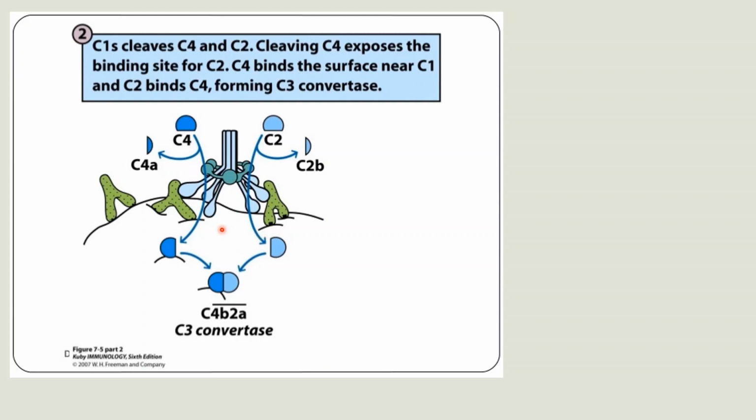C1s cleaves C4, and C4 becomes C4a and C4b. C4a is the smaller fragment and C4b is the larger fragment. This is the C4a and this is the C4b. And this larger fragment is enzymatically active.